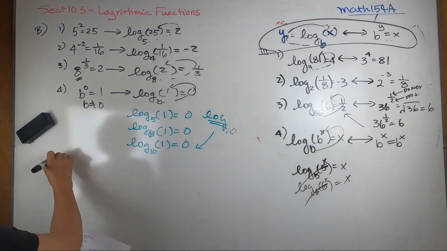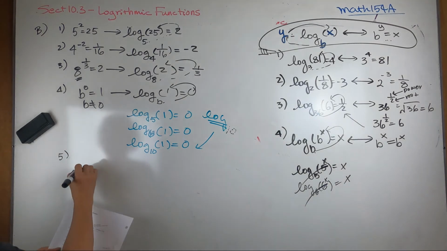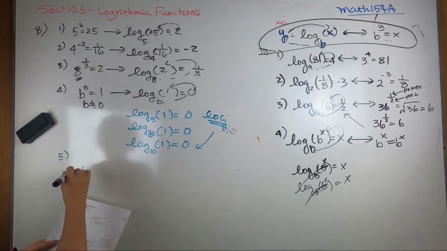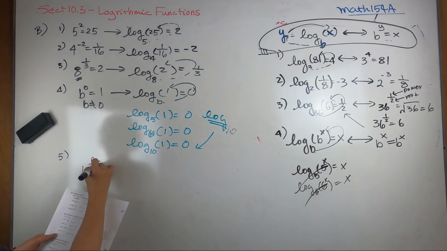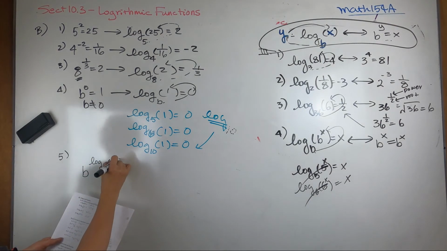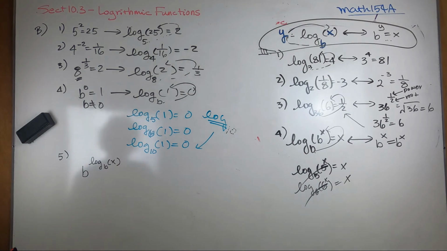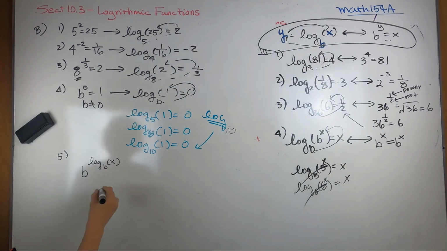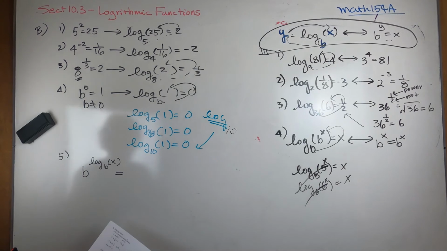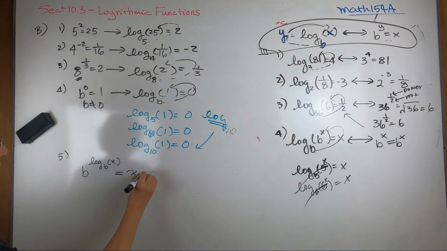So, another one is a little bit confusing as well. See, b to the log base b of x, that's exponent, okay, equals x. How do we rewrite it?